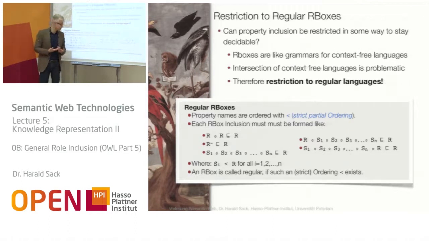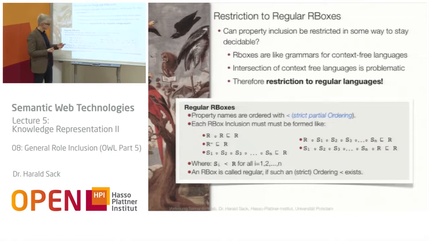In a regular RBox, it is allowed, of course, to connect a role with itself and say, okay, this role then is the subset of itself. So you can connect here on the left side these two roles that are also on the right side. This is no problem. Regularity is maintained. On the other side, you can also say that the inverse of a role is subset of a role. This is also regular.